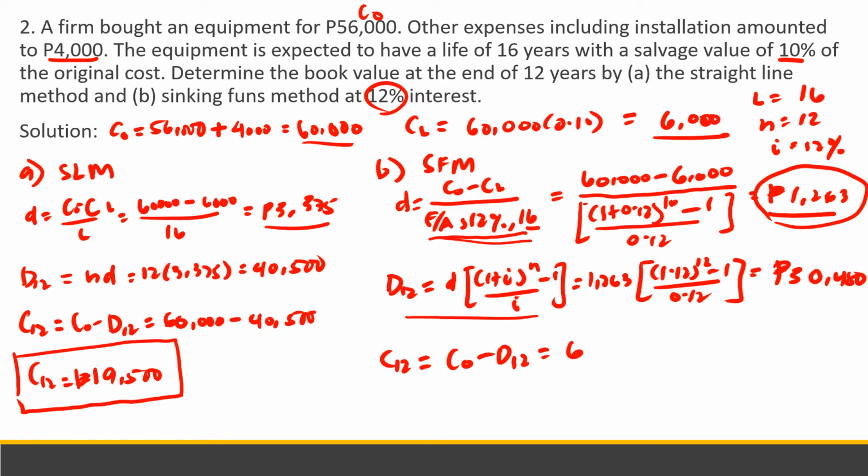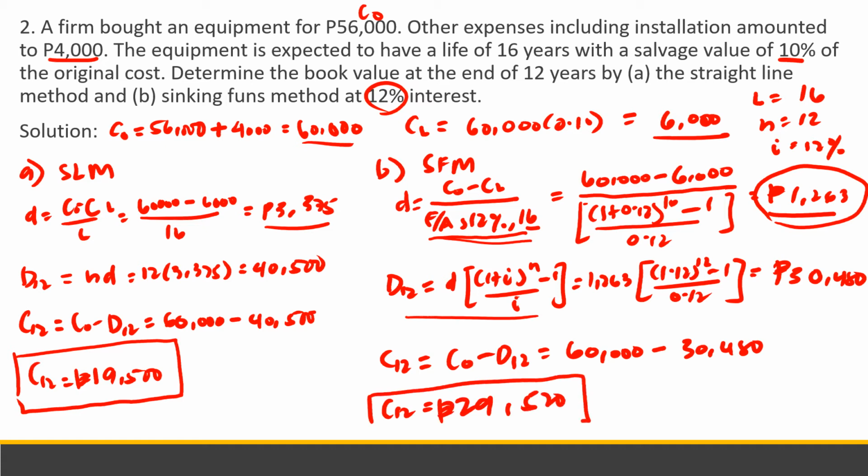So meron tayong 60,000 minus 30,480. C12 is equals to 29,520. So sa sinking fund formula, medyo mataas yung value niya compared dun sa straight line method. So may difference siya na 10,000. So because that is involving interest. So pag nagkaroon ng interest yung isang property or nag-involve siya ng interest, so lumalaki din yung value niya.